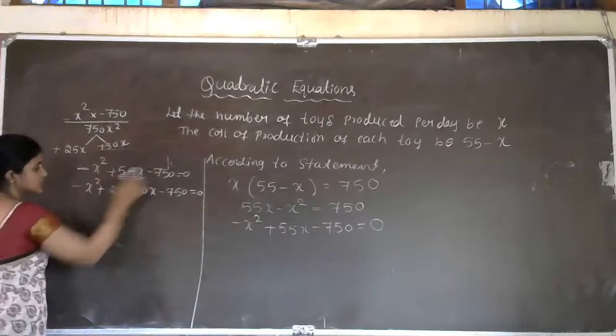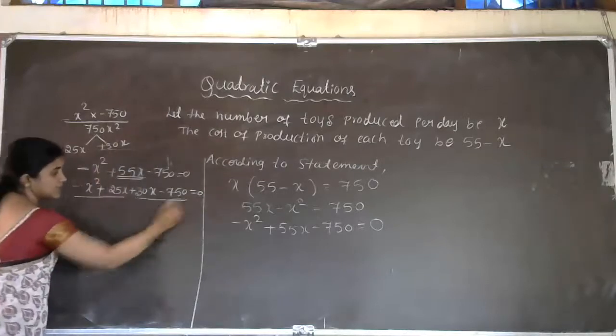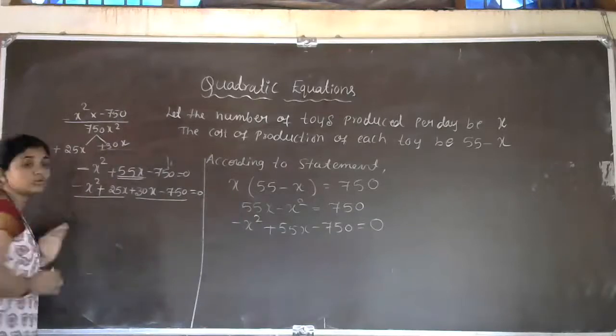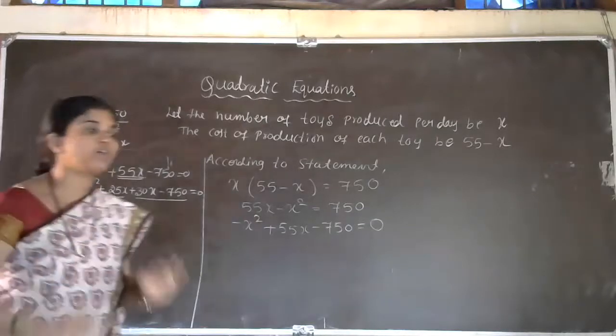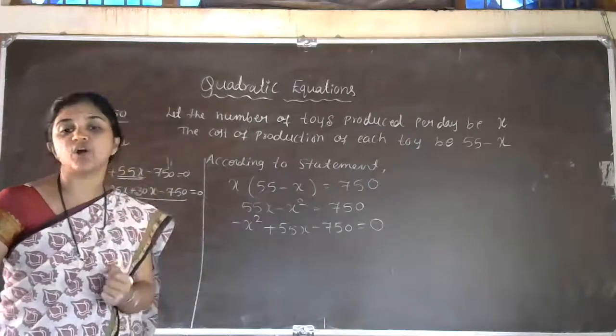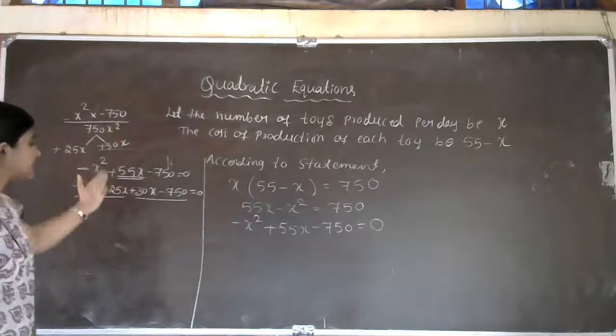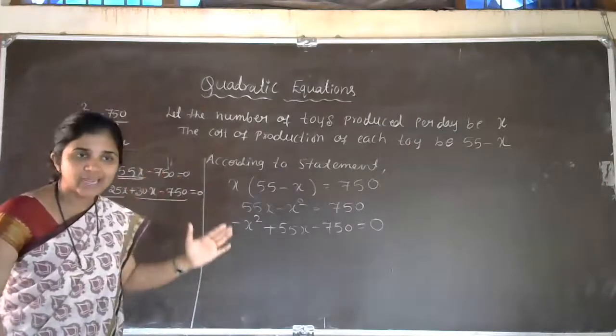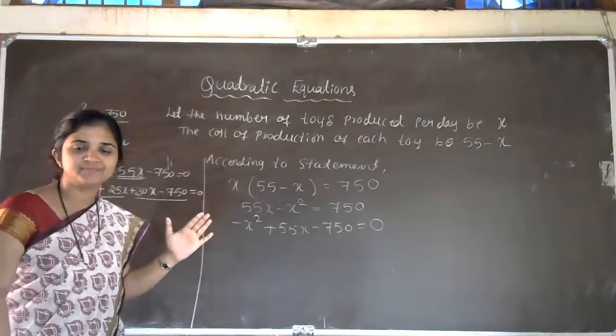Now next step. Now group these two and these two. Minus x square plus 25x. So we have to take something common. Which one do we have to take as the common factor? Minus x square plus 25x. In that which one do we have to take common? Only x or minus x?